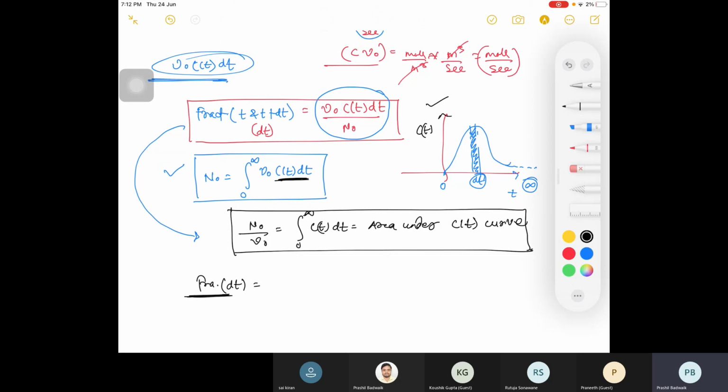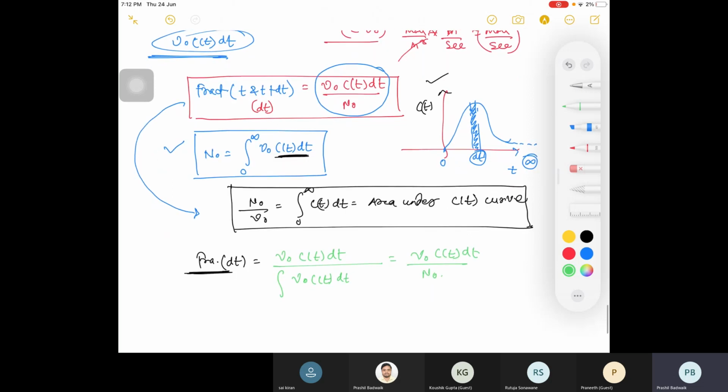Fraction at dt is nu naught concentration at t into dt divided by the integration of nu naught Ct dt, or I can say it is nu naught Ct dt divided by your n naught. This is your value, and your area under the Ct curve is this. So this was about that.